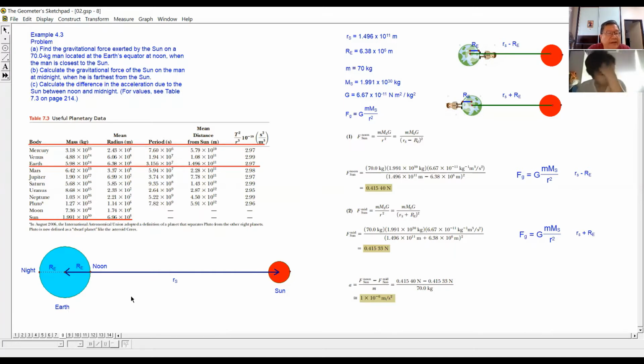Let's say a man is standing on the surface of the earth at the equator. So he's not standing at the North Pole, he's not standing on the South Pole, but he's standing at the equator here.